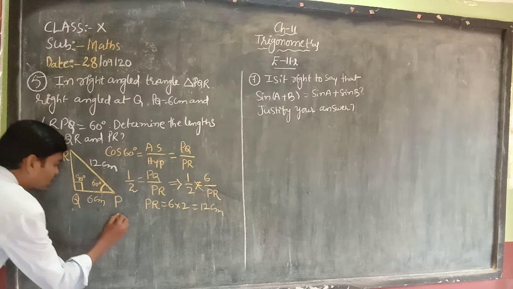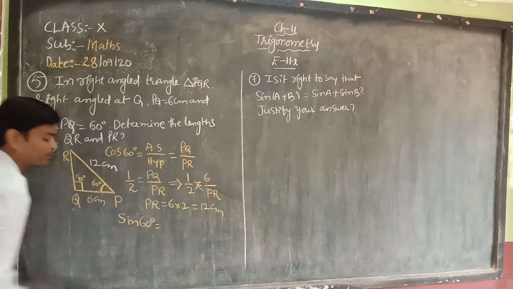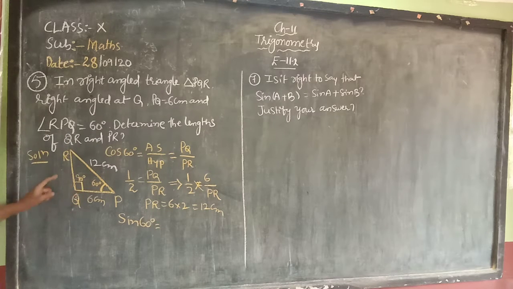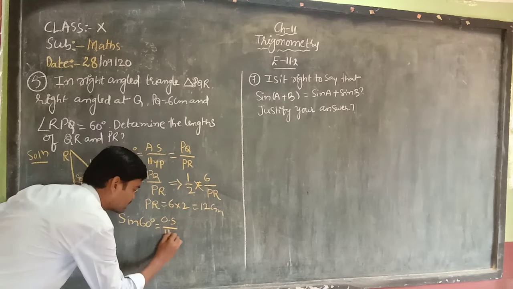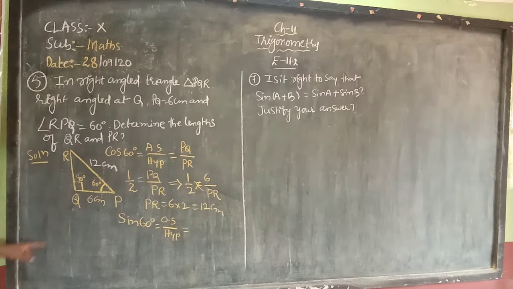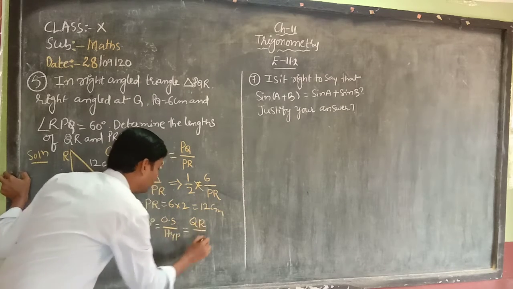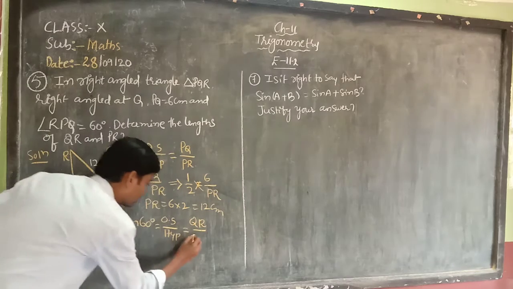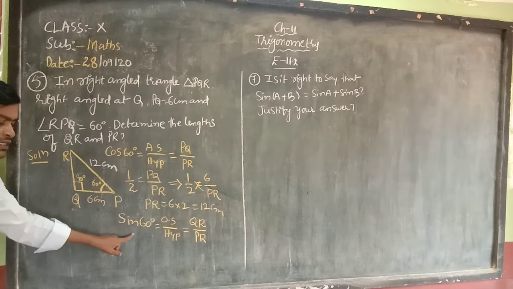Let us take sine 60 degrees. Sine 60 means what? Opposite side by hypotenuse. What is the opposite side here? QR by PR. QR by PR. So what is the sine 60?